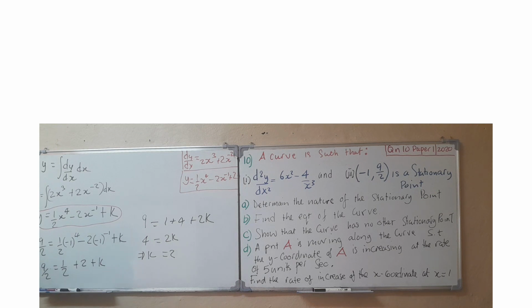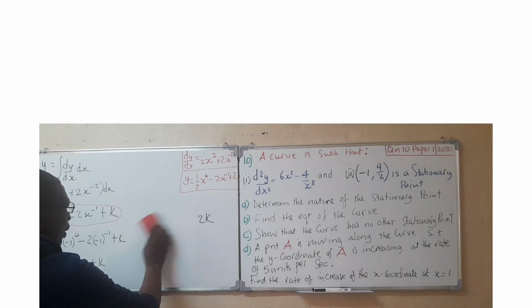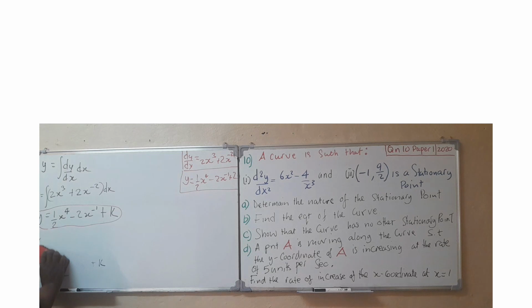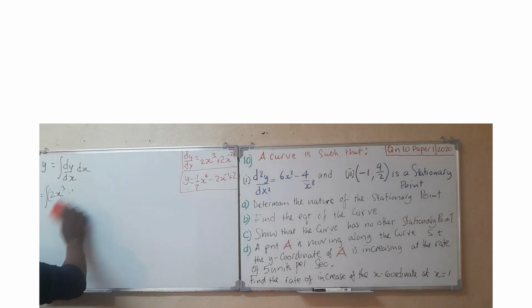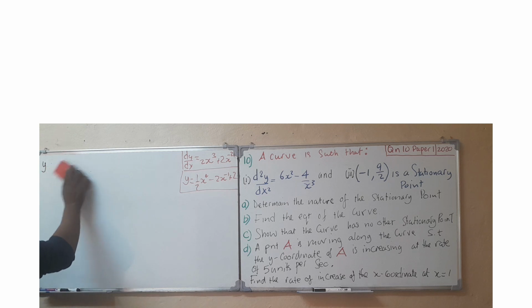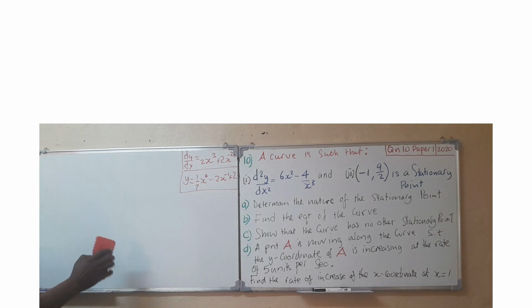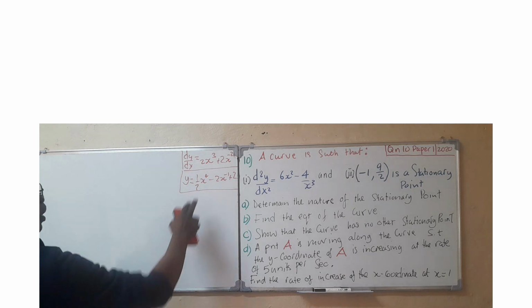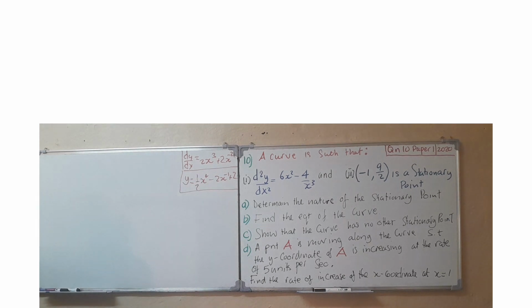All right. The next question says, show that the curve has no other stationary point. Now we know that at a stationary point, dy/dx is equal to 0. So the values of x for which this expression is equal to 0 will give us the points where the curve has a stationary point.